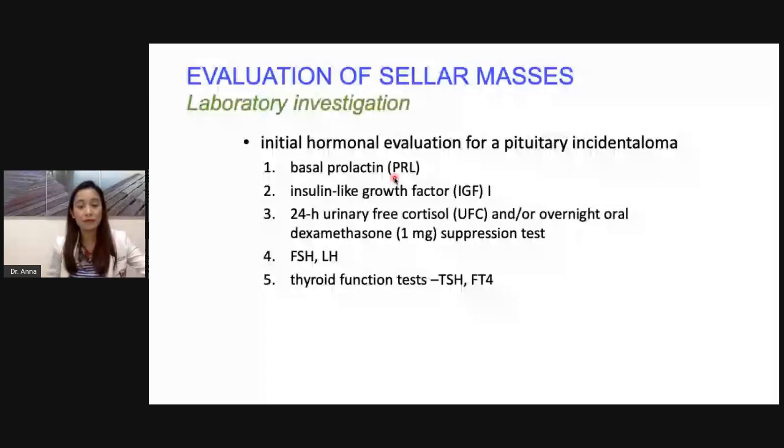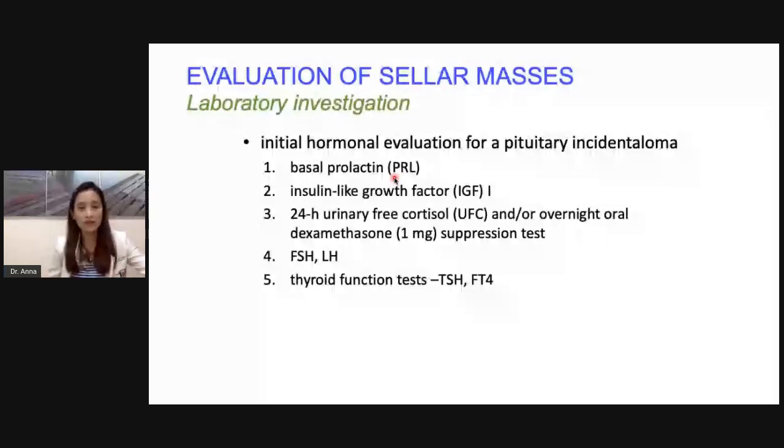If the patient has a positive overnight 1 milligram dexamethasone suppression test, then you can do confirmatory test. So we'll go to those confirmatory tests if we go to the specifics. For the thyroid function test, you just need a basal hormonal level. So you can actually conclude already whether the patient has central hypothyroidism or hyperthyroidism or not.